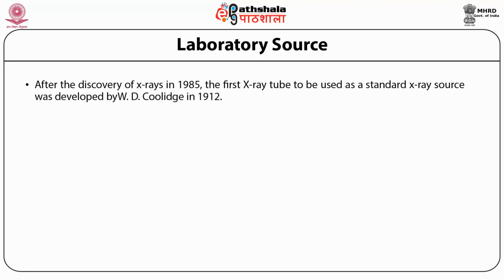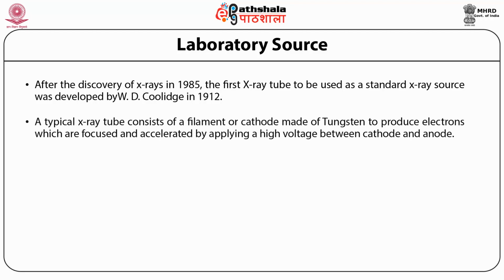After the discovery of X-rays in 1895, the first X-ray tube to be used as a standard X-ray source was developed by W. D. Coolidge in 1912. A typical X-ray tube consists of a filament or cathode made of tungsten to produce electrons, which are focused and accelerated by applying a high voltage between cathode and anode.